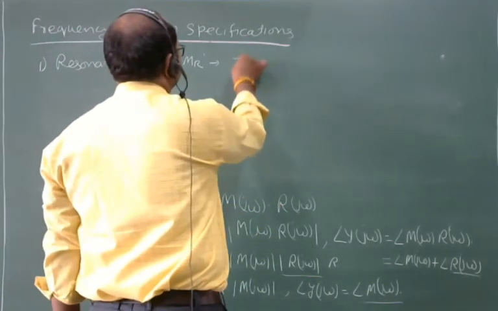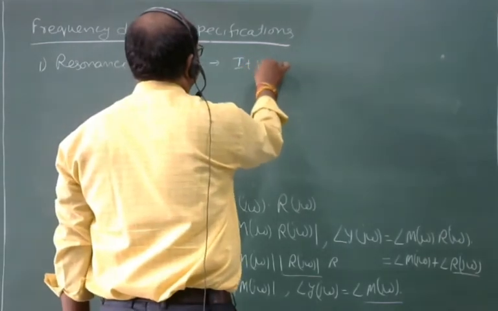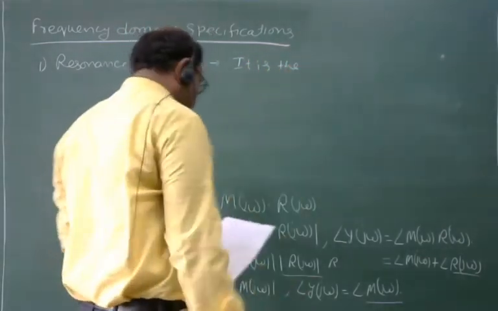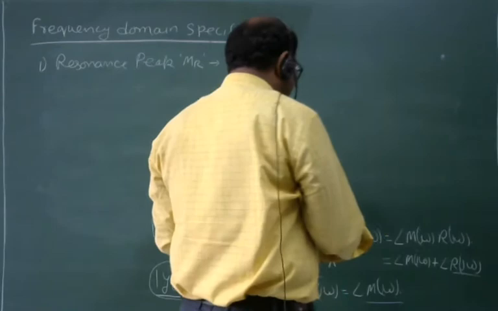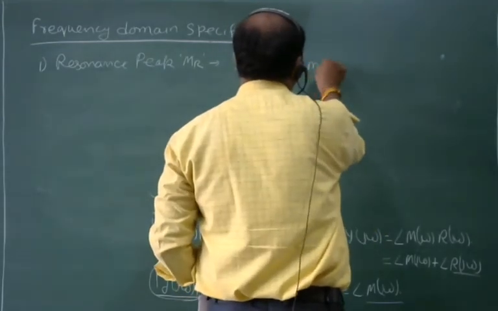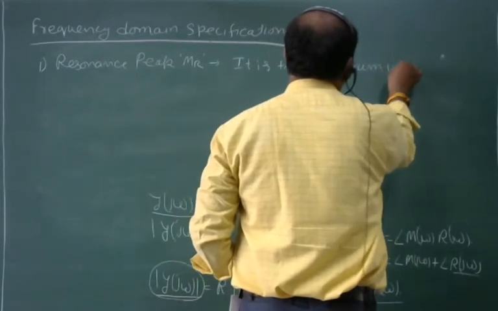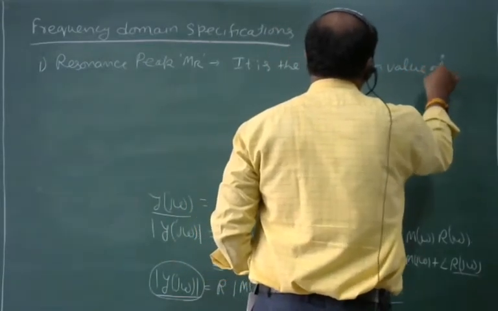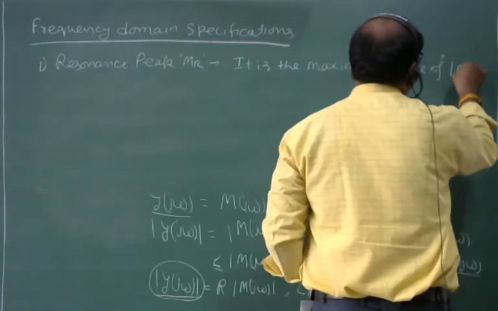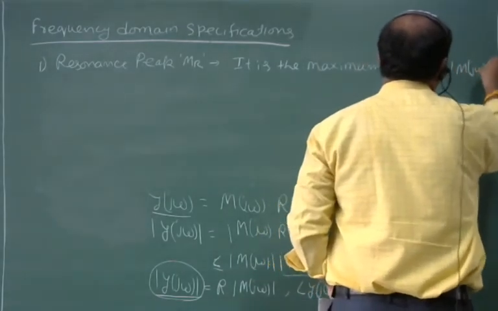It is the maximum value of the magnitude of M(j omega).